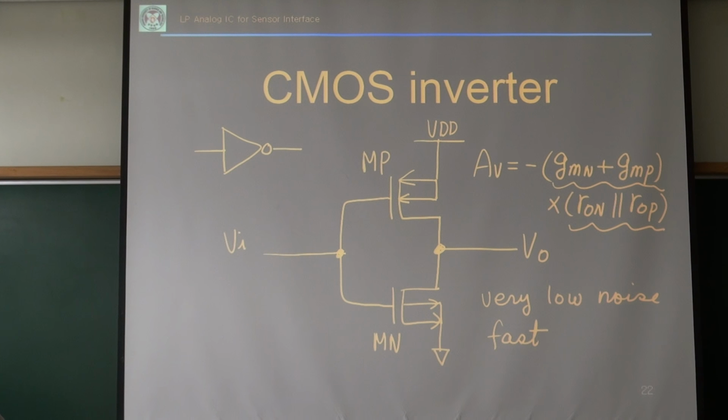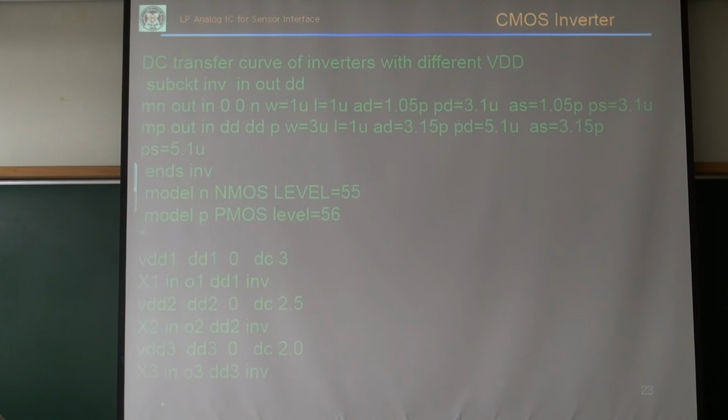It means we can achieve very low power if I reduce the operating frequency. So it works pretty fast and at low power. Okay, let's talk about the low noise.